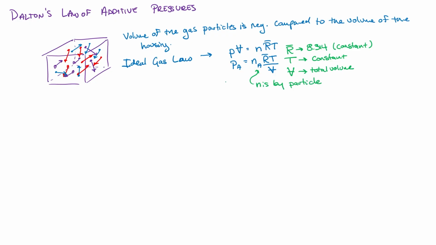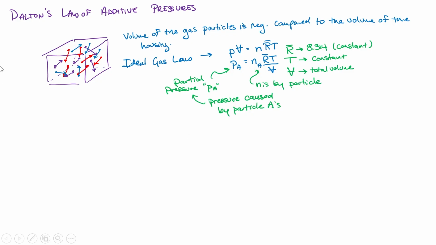So this means that I can have this partial pressure, which I'm calling PA, that is the pressure caused by particle A, or particle A's in this piece.